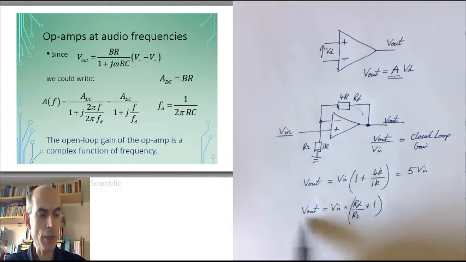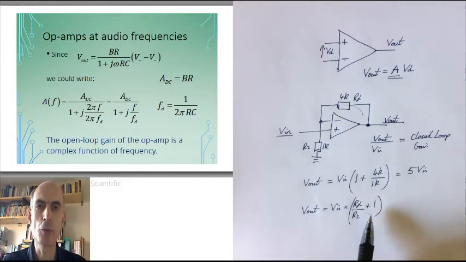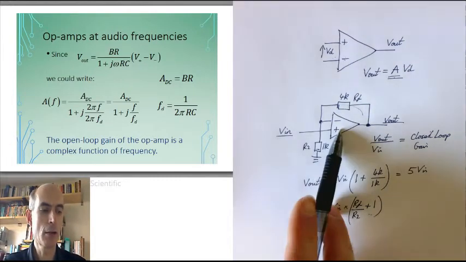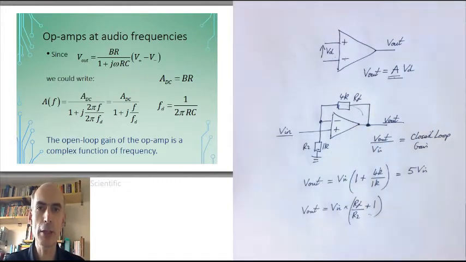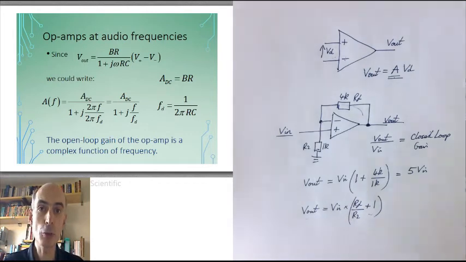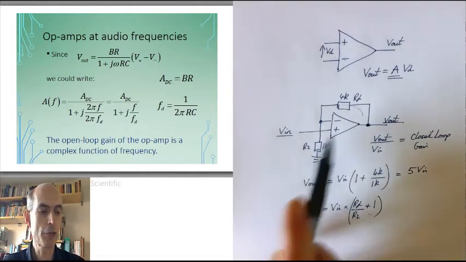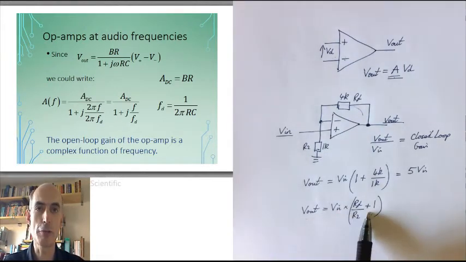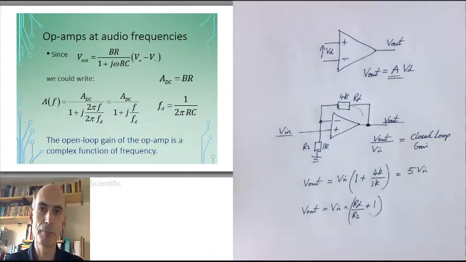But to derive that formula, we had to assume that the open loop gain of the op-amp was practically infinite. And what we're finding out now is that that is a good approximation at low frequencies, but it's not a good approximation at high frequencies. Because at high frequencies, the gain of this amplifier turns out to be a function of frequency, and it drops at higher frequencies.